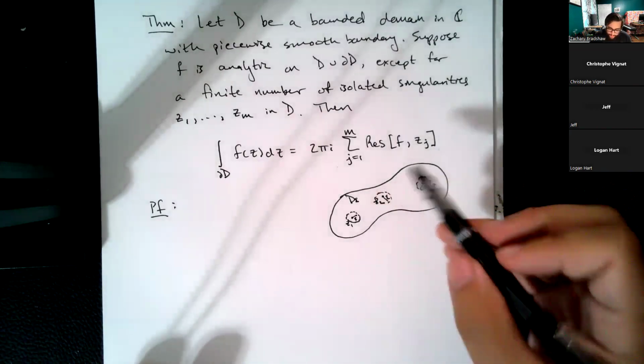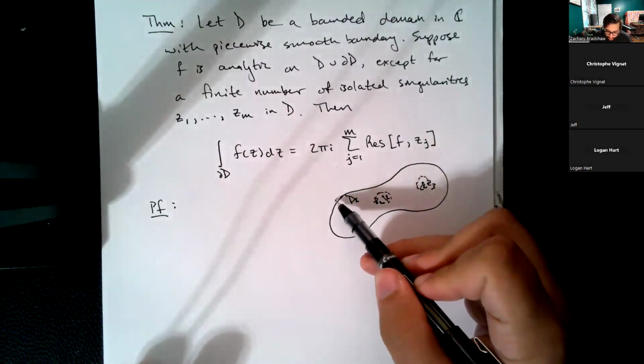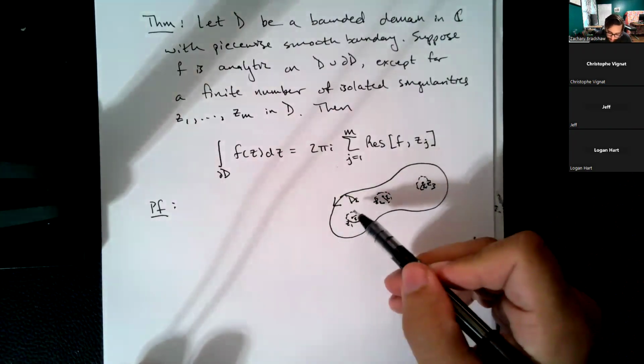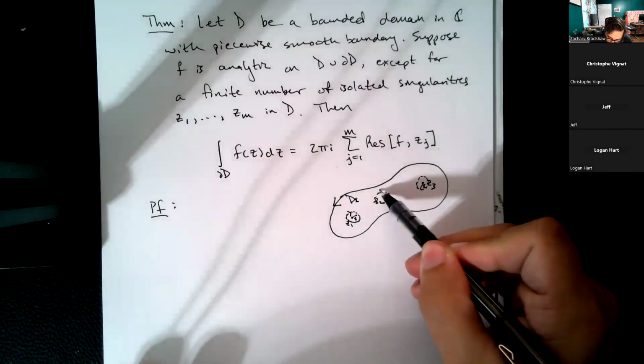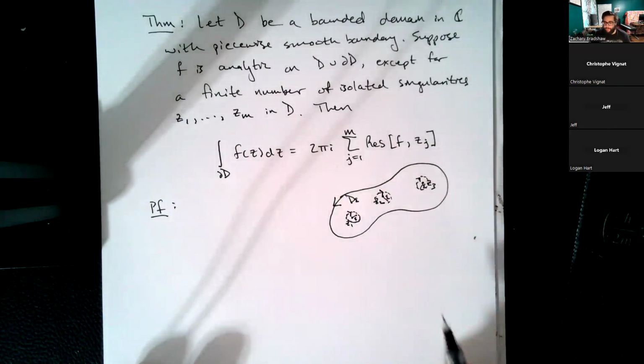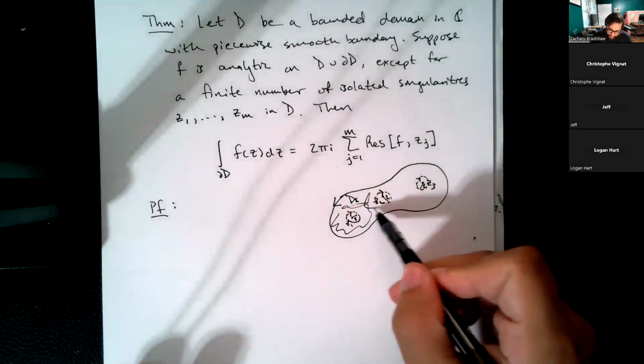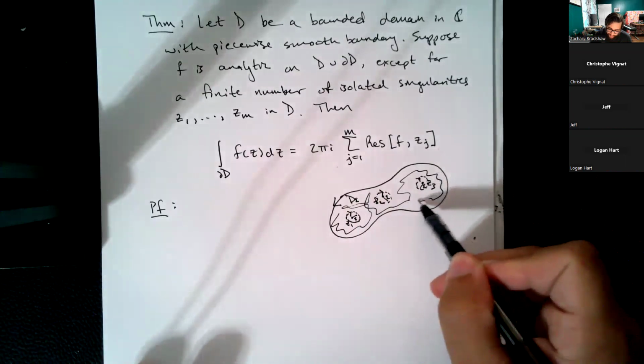So I'll consider instead the domain D epsilon, which is given by the boundary of D, and then we've also got this boundary along each of the punctured disks. Okay, so the domain I'm considering is all of this stuff, nothing inside the disks.